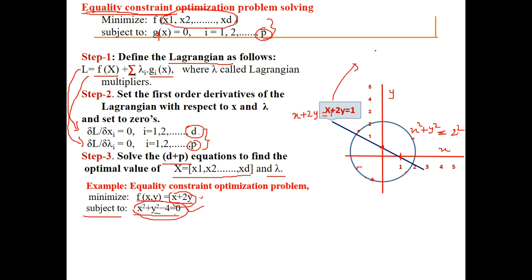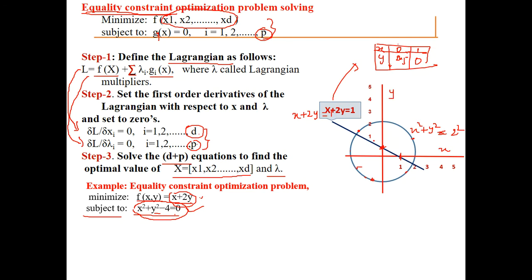If you make one small table of x, y: if x is 0, then y is equal to 0.5. If y is 0, then x is equal to 1. So connect these 2 points, 0.5 here and 1, 0 here, and draw the line.